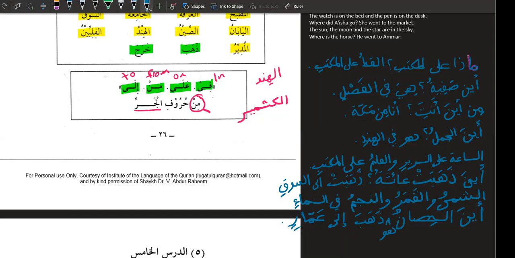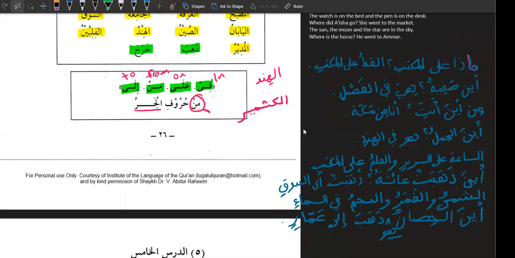But we just have to say ذهب because ذهب means he went. So we don't need to add the huwa. Okay, understood.